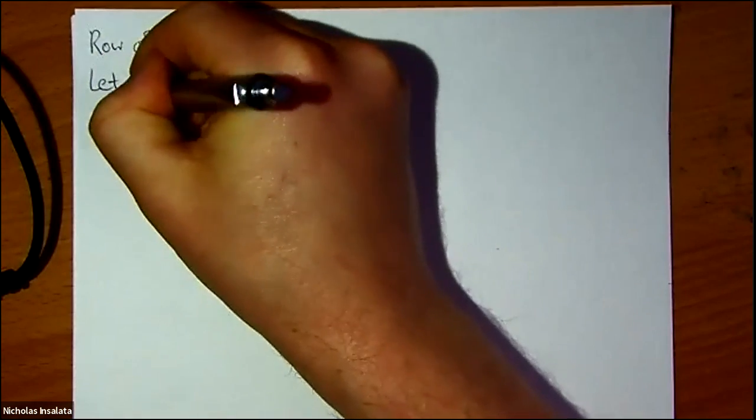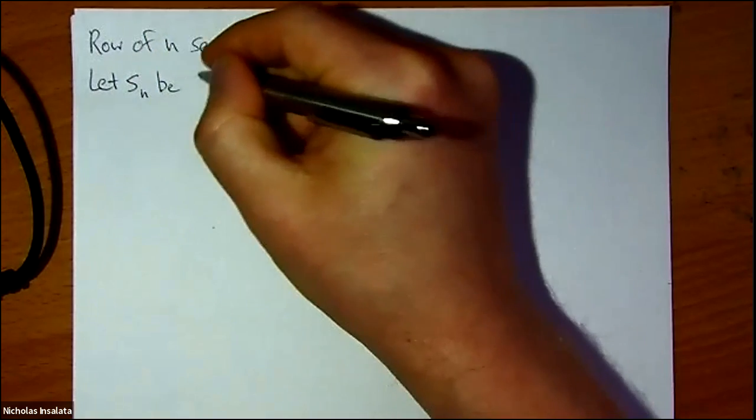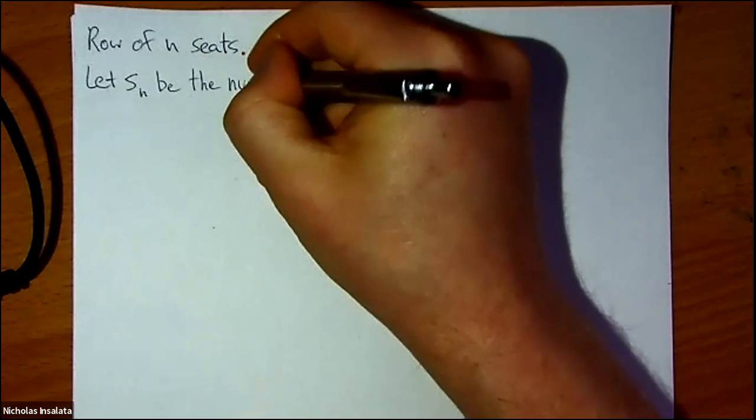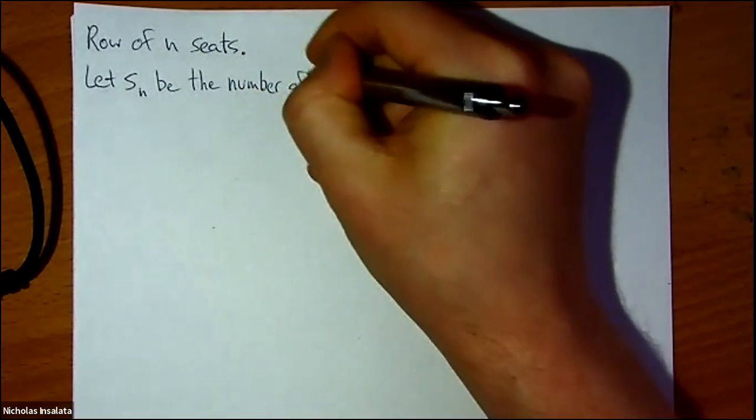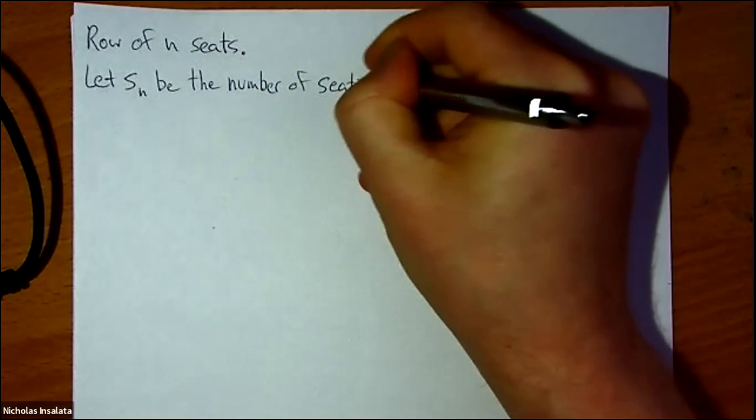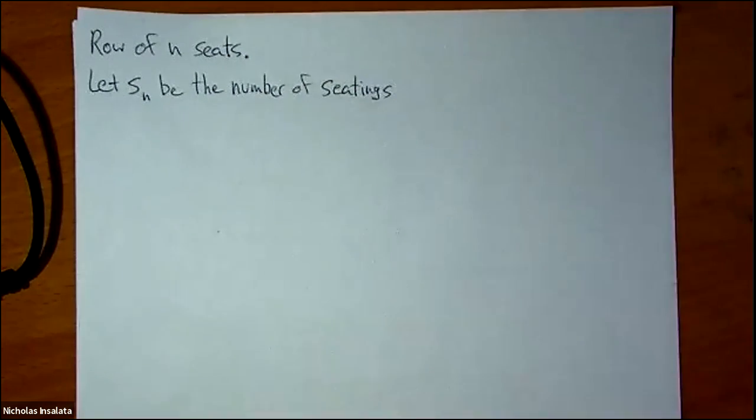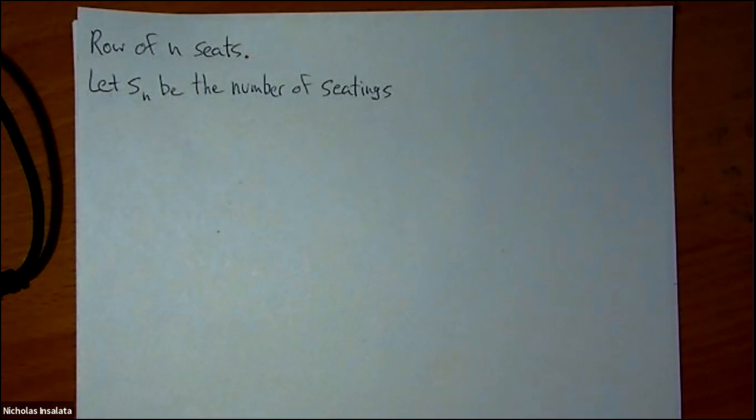There's a row of n seats. Let S sub n be the number of seatings where no two students are sitting next to each other.